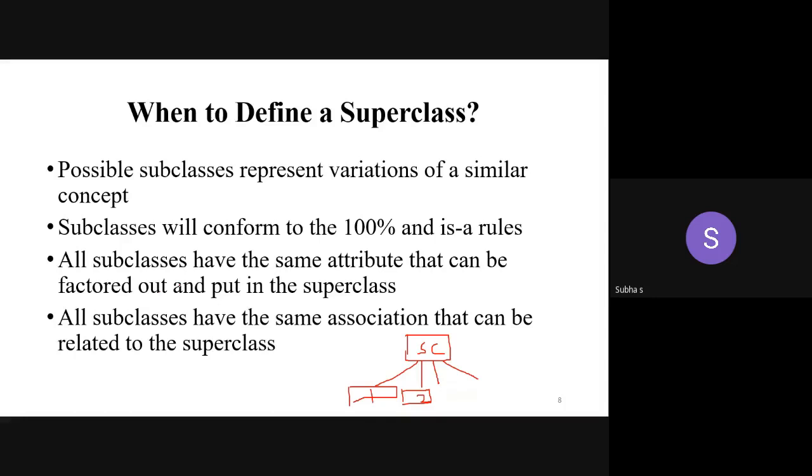Then third one: all subclasses have the same attribute that can be factored out and put in the superclass. That means these subclasses are united in some way, say by payment. So you can put it as an attribute in the superclass. And also all subclasses have the same association. What do you mean by that? There are different kinds of associations we have discussed so far: unidirectional association, bidirectional association.